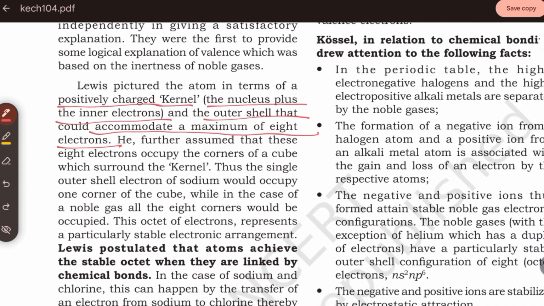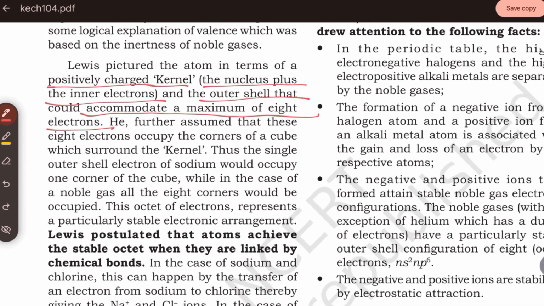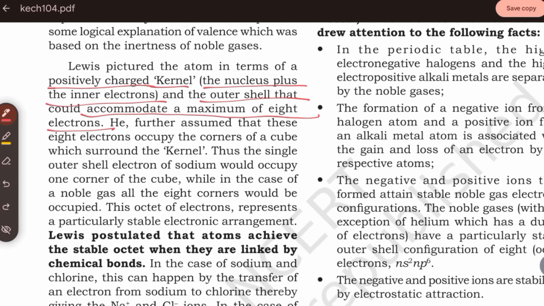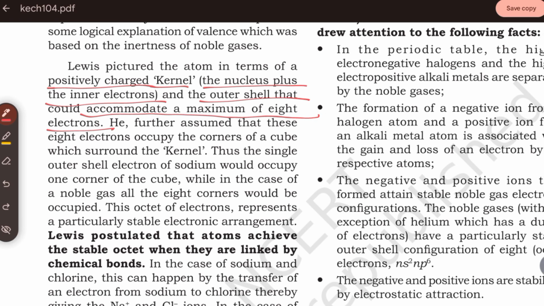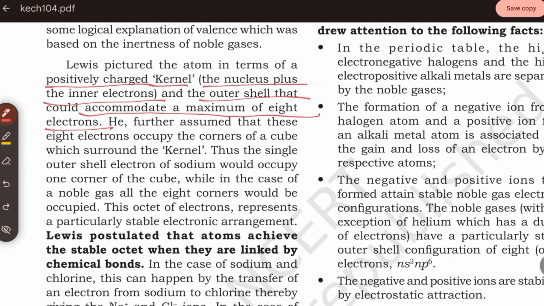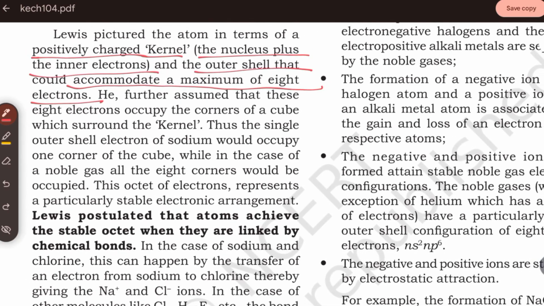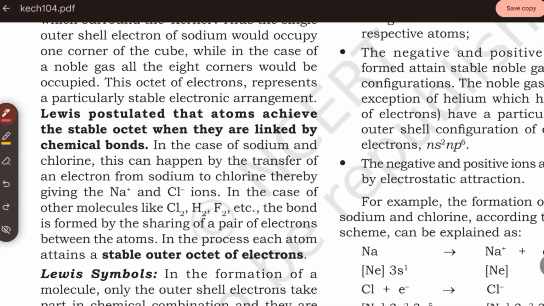As per the octet rule, we know that elements can have a maximum of 8 electrons, and every atom wants to achieve that stability, 8 electrons in its outermost shell, and wants to get a noble gas-like configuration, barring helium that has a duplet configuration. So here we can see the Lewis postulate.